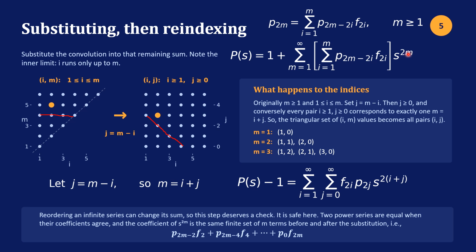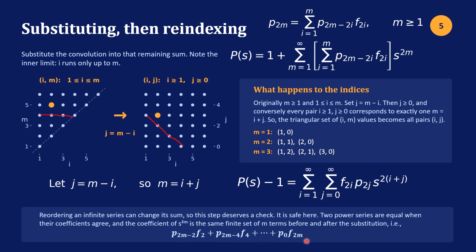So if you took the coefficients for s to the 2m, you're just going from i equals 1 to m, and you get this set from here. And if you do the same thing here over all the terms for s to the 2m, where m is equal to i plus j, so in other words, i plus j equals m, if you do that over the same set of terms, you will also get this here.